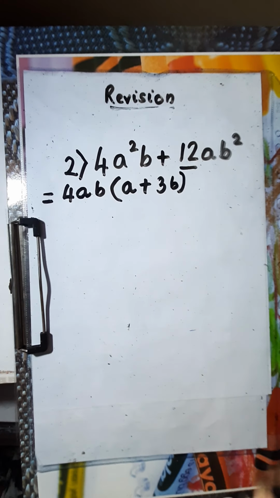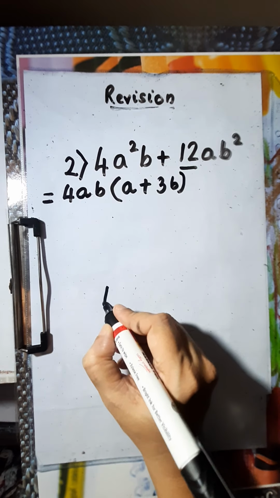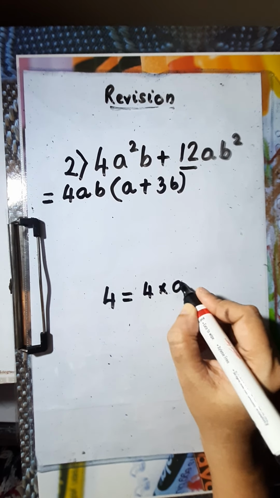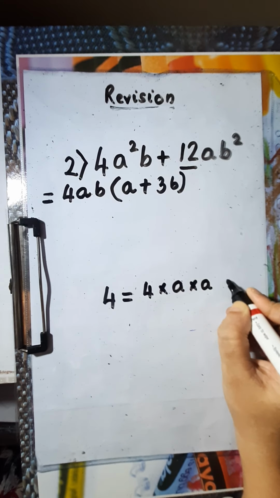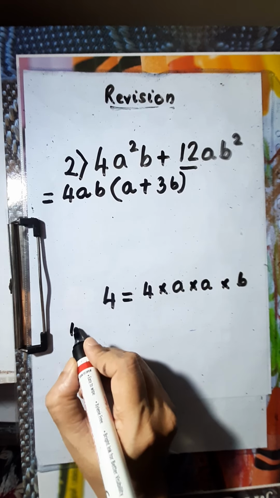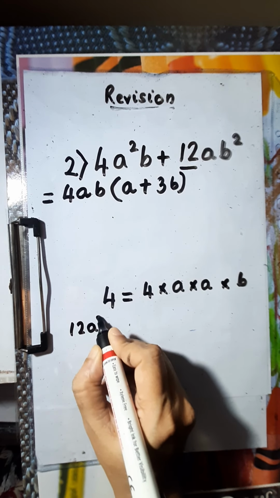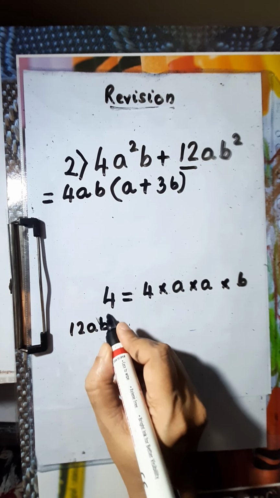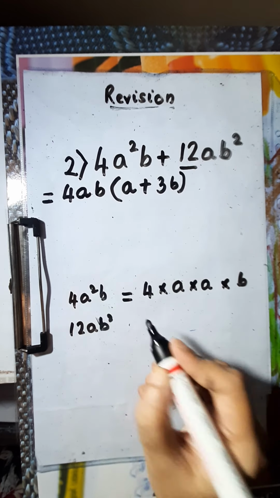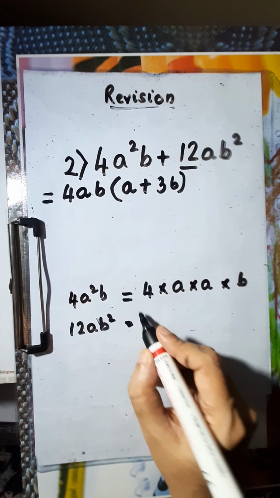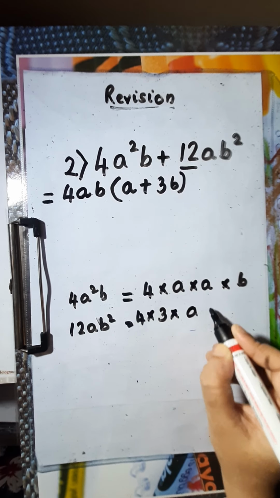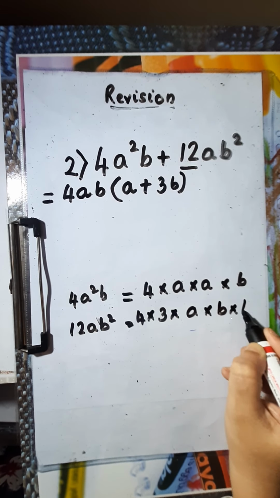If you want, you can split it and write it like this, if you find it better to understand: 4 into a into a into b, and 12 is 4 into 3 into a into b into b. This is only to understand. When you understand, then you have to do it directly.